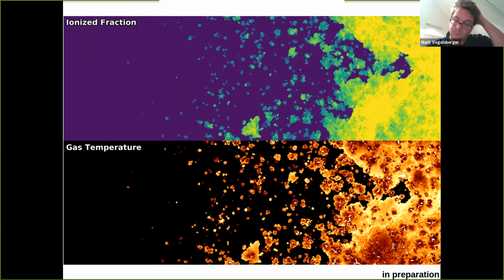Of course, we don't run this to redshift 0, so we will probably run this to redshift 5 or so, or maybe a bit below. But the nice thing here is that the underlying galaxy formation model has been used and studied at lower redshift. So we know that the galaxies forming here are the correct progenitors of a redshift 0 population that leads to a correct galaxy population. That's a huge advantage of this model, because the TNG model has been tested so well over the last couple of years.